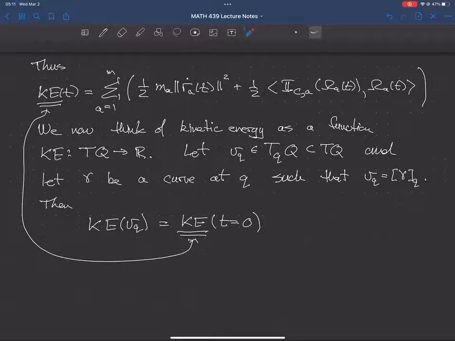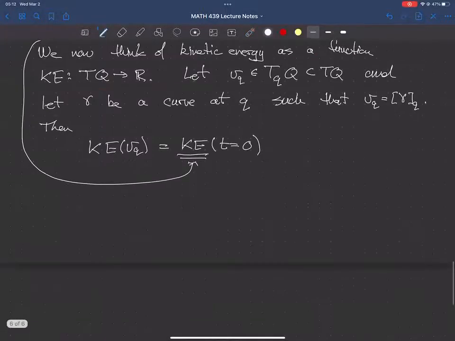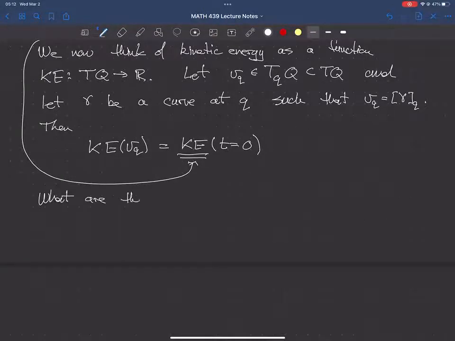So that gives you a computation that you can do. We'll look at how to actually calculate the kinetic energy as a function on TQ in examples later. What I'm concerned with right now is what's the form of this function, or more particularly, what are the properties of kinetic energy as a function on TQ?